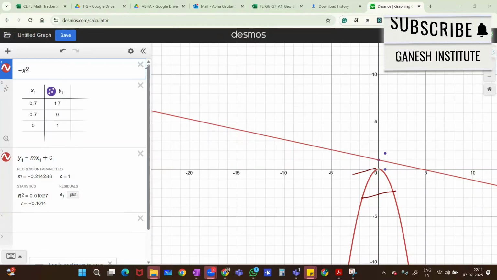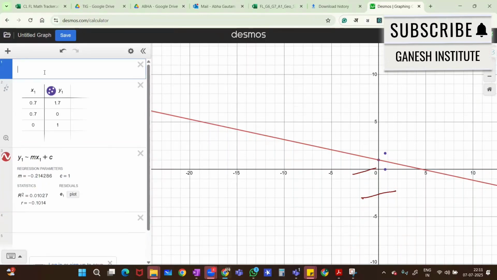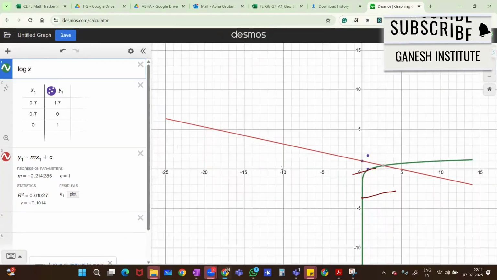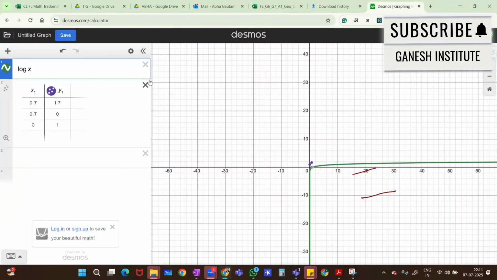Let's talk about log x. What do you think? Log x is what? Decreasing. Concave, right? I'm removing these, then you'll be able to see. So this is the green color line.